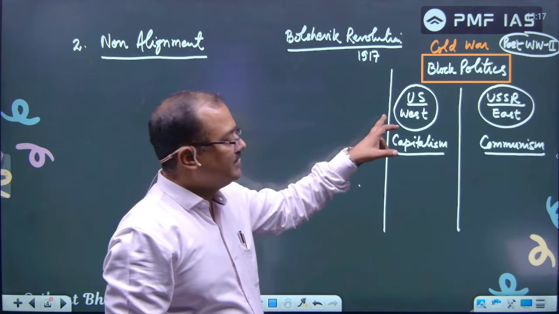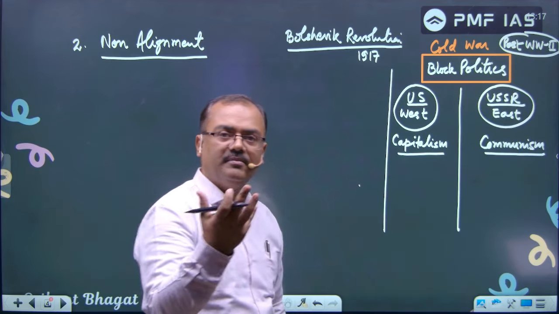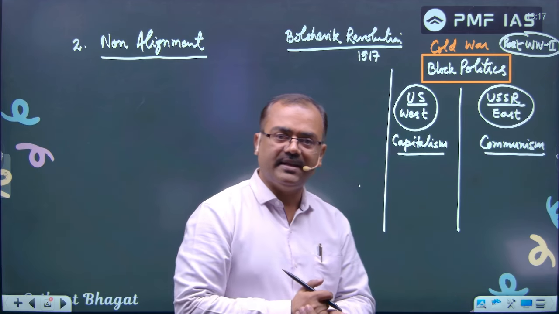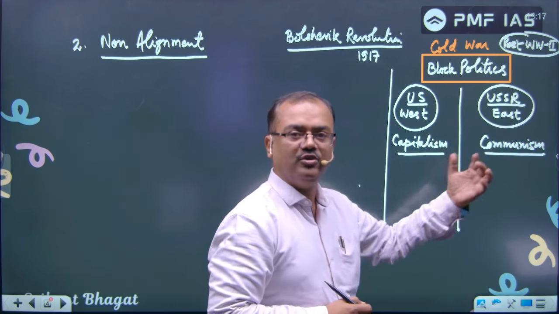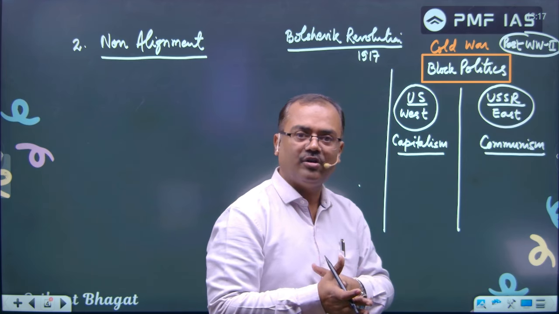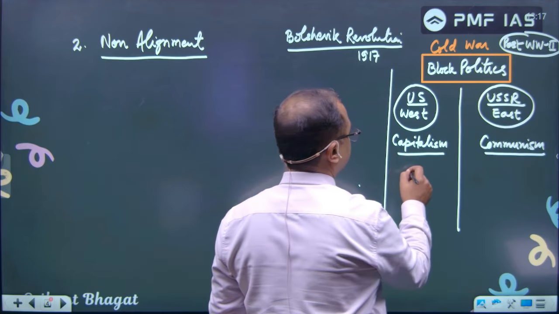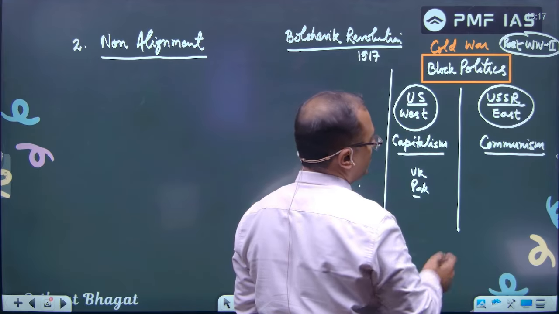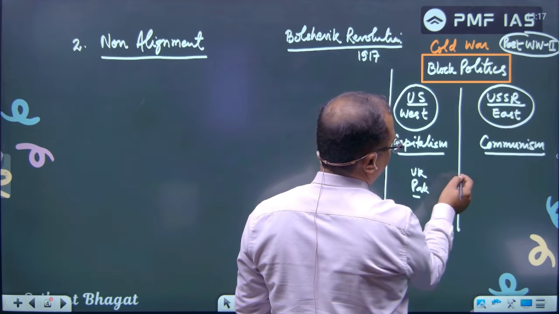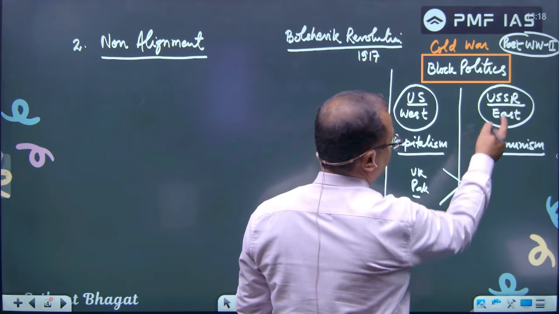Now what is happening? The US tried to bring more and more nations in its favor in their bloc, and the USSR wanted to bring many nations into their bloc. Suppose the UK is in this bloc or Pakistan is in this bloc, then they will be enemies of the Eastern bloc.